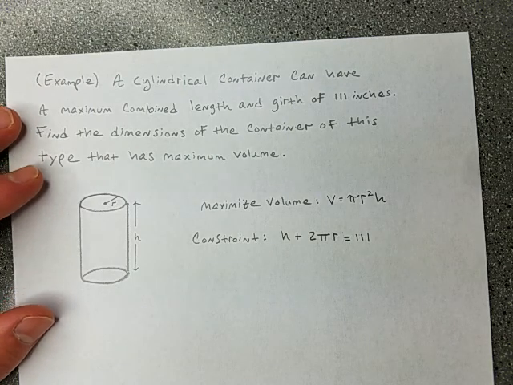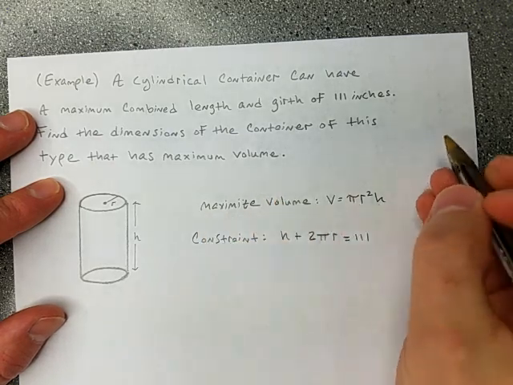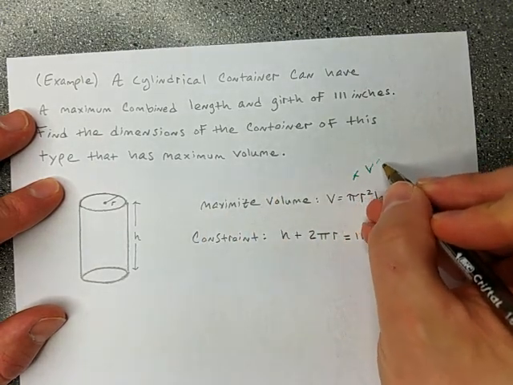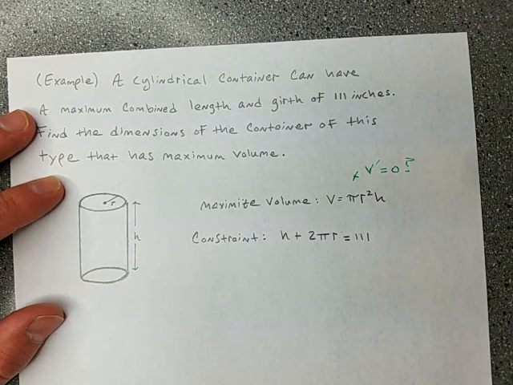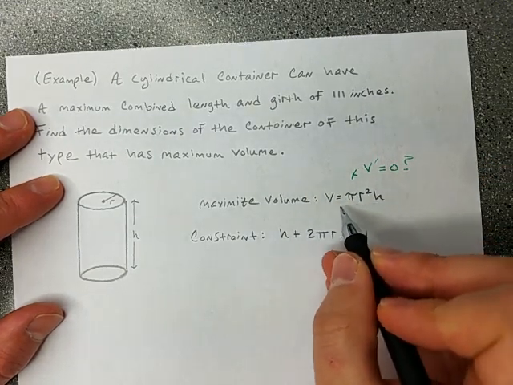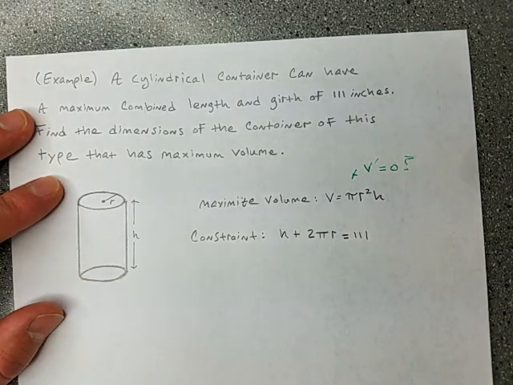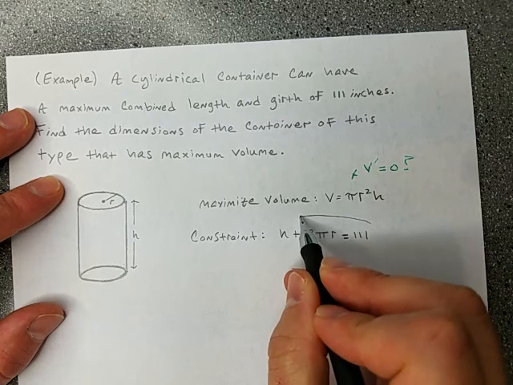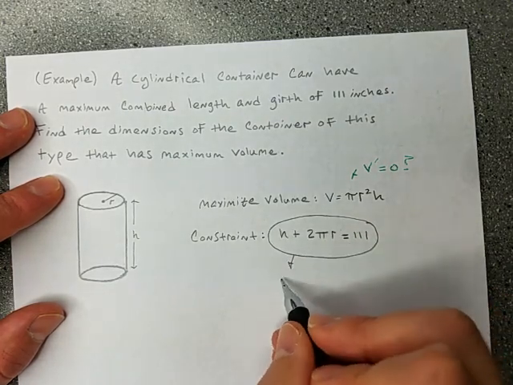Now, what do we say that we would do? To maximize this would just come down to saying V prime is going to be 0 somewhere. But I need to reduce this to having just one variable. So that's where my constraint comes in. We can take this, and it's fairly easy to solve it for h.